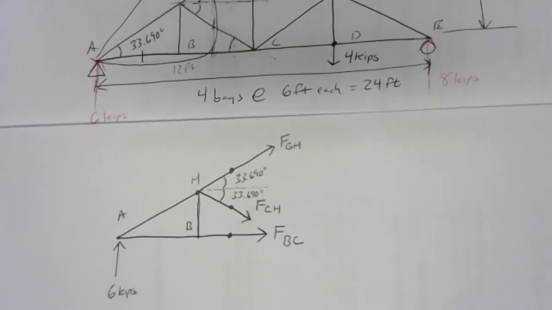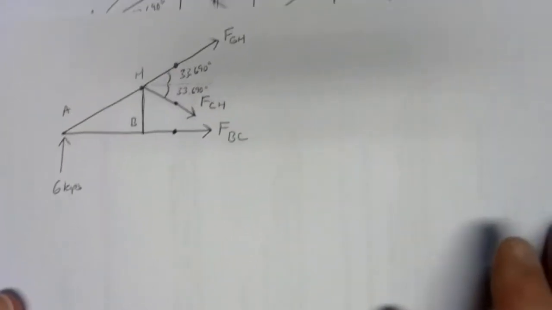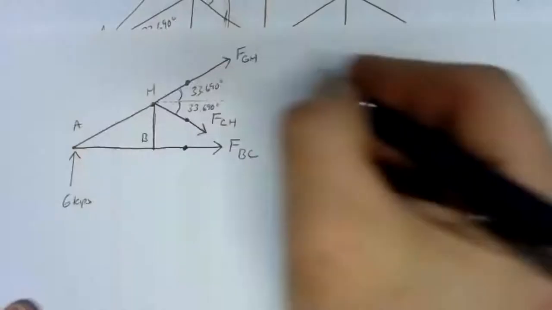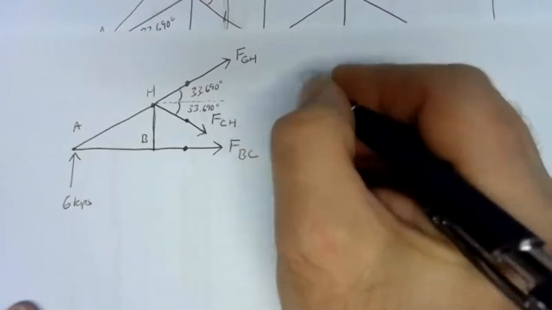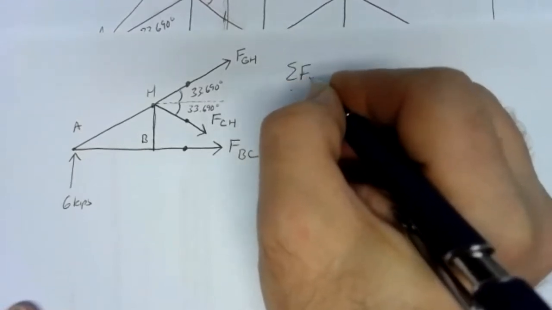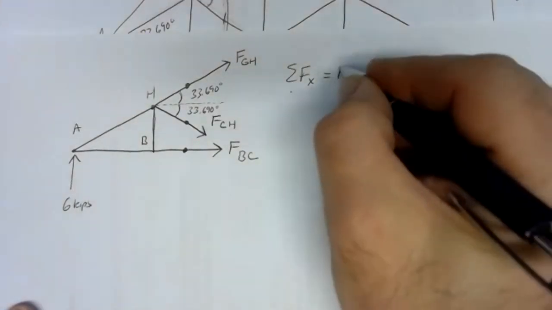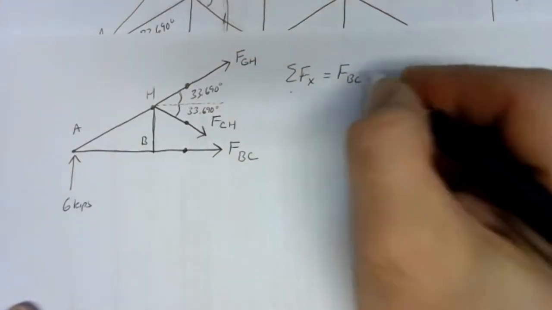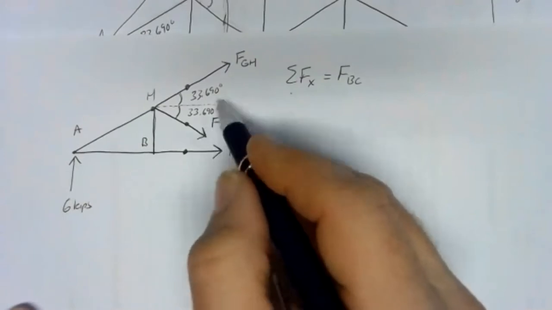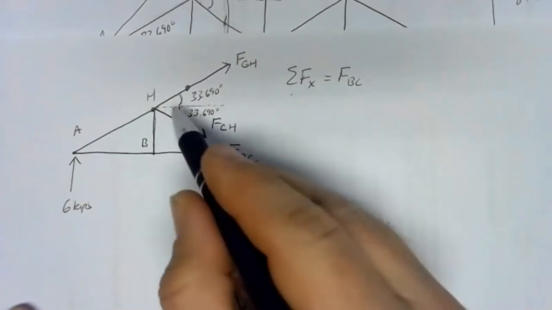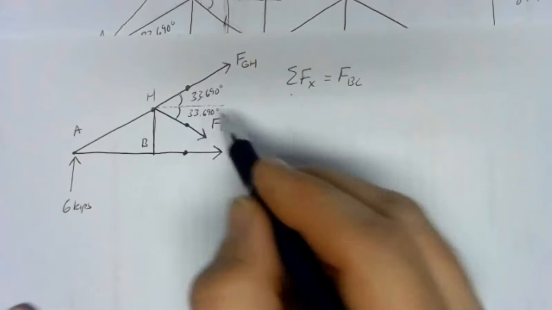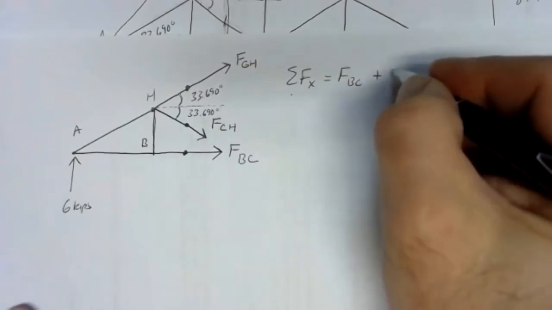So let's go ahead and set up our equations, see what we've got. If we take our sum of forces in the x direction, we've got all of FBC. We're going to have a piece of FCH, and it's going to be the adjacent piece, so cosine. It's to the right, though, so it's positive.